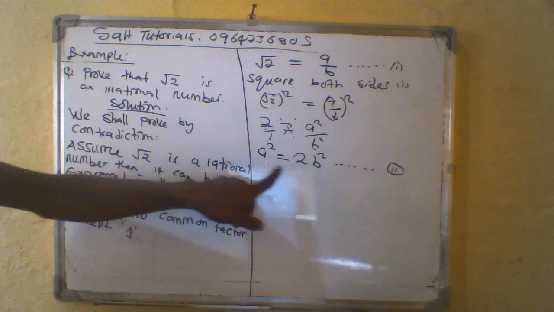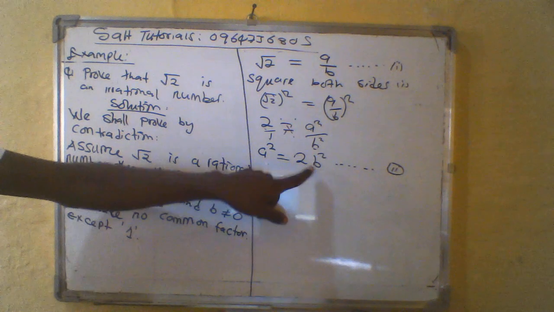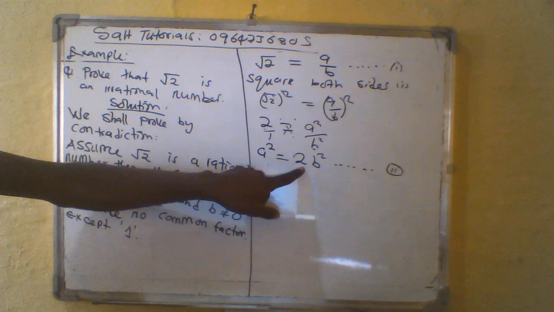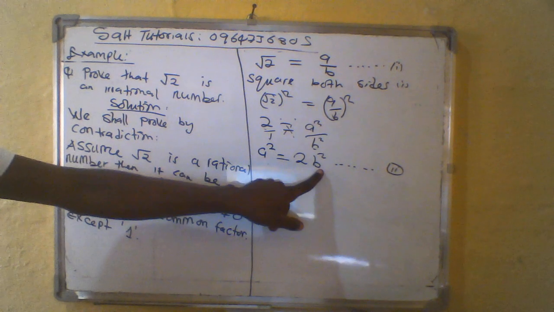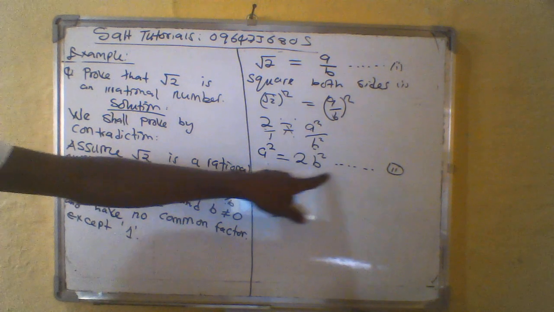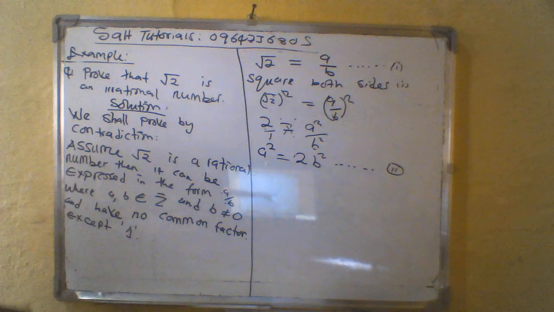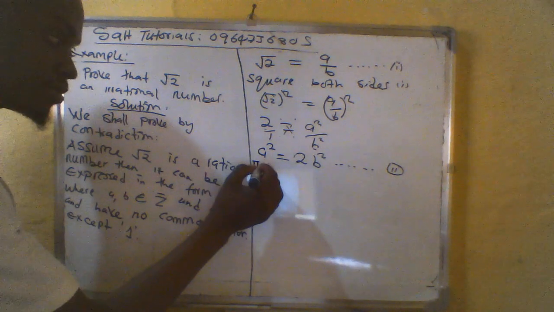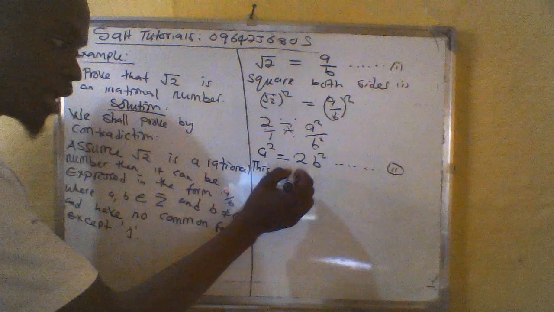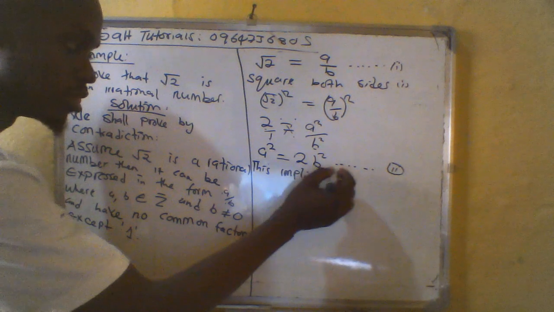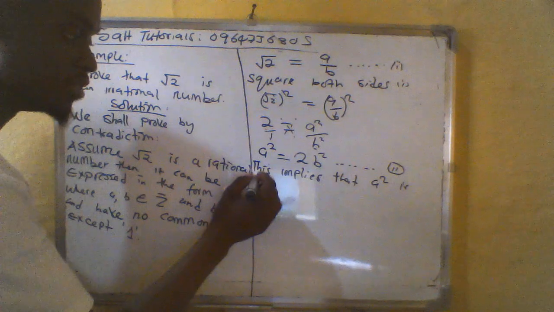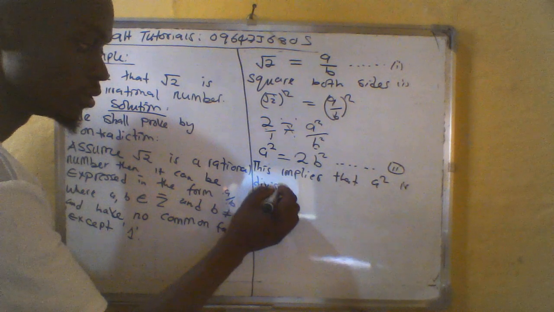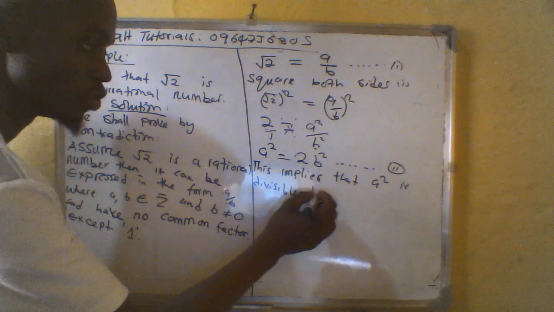So it means if a squared is this, the same a squared I can divide by 2 completely, because I'm seeing a 2 outside here which is multiplied by that. So once I see a common factor outside there, this implies that a squared is divisible by 2.